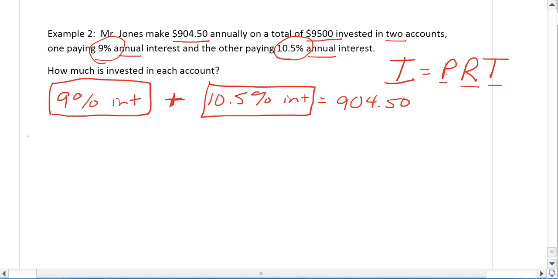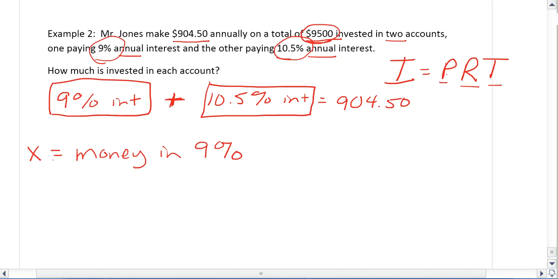So I do not know how much is in each account, so we need to let x equal one of these, and it's random. I'm just going to let x equal the money that he has in his 9% account. And all I know is that together he's got $9,500 invested.